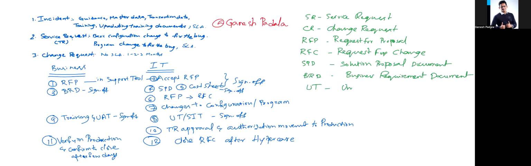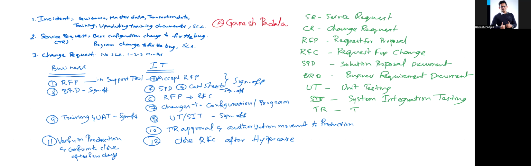UT, unit testing. SIT, there are not many third-party systems or modules. SIT may be optional in certain CRs. UT and directly it will go for that. Some integration testing. TR means transport request. There are plenty of videos available about transport request on our channel.